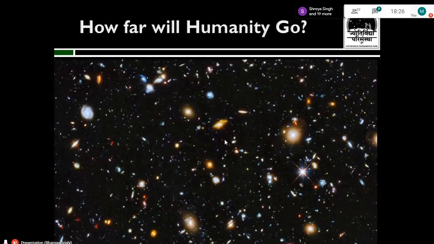The area of the sky which is covered behind the fingernail of your little finger, just that fingernail, only that much area of sky represents 1 degree of sky. Hubble Space Telescope took a photo in just 1 degree of sky, which can be easily covered by your fingernail. In that single degree of sky, Hubble Space Telescope found all these galaxies. There are more than 5,000 galaxies in that single degree of sky. And hence it is called the ultra deep field.